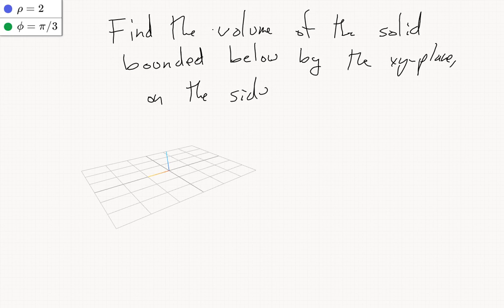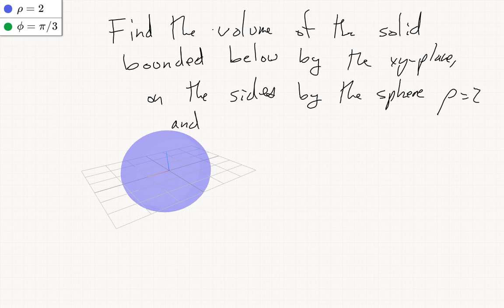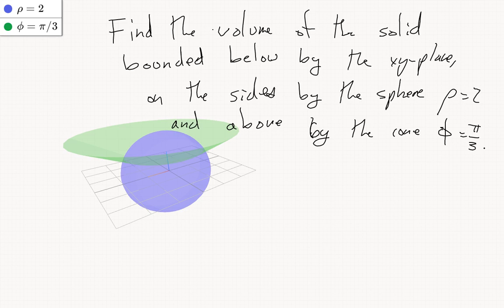Then on the sides by the sphere of radius 2, so rho equals 2, and above by the cone where phi is equal to pi over 3. So here's that cone, and then the shape whose volume we're finding is this guy, so sort of a spherical band, but then this conical divot.